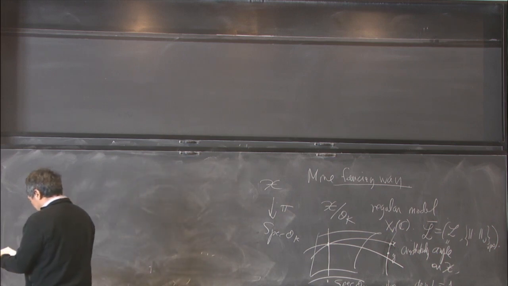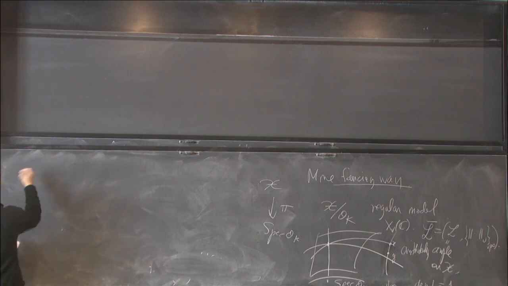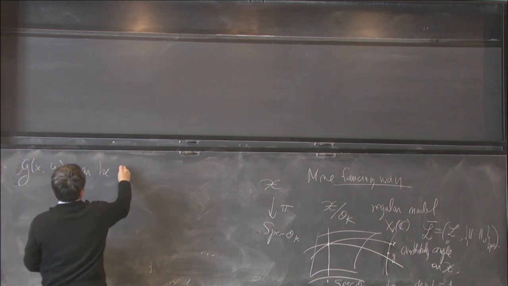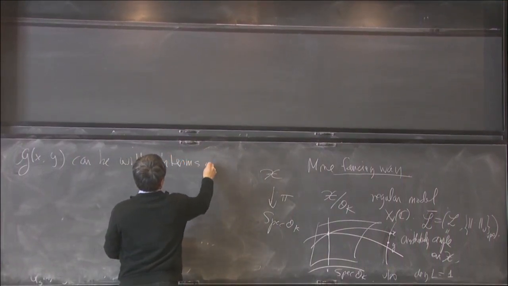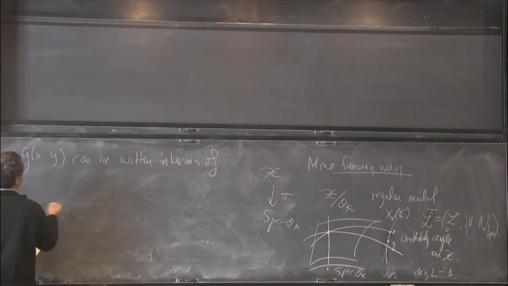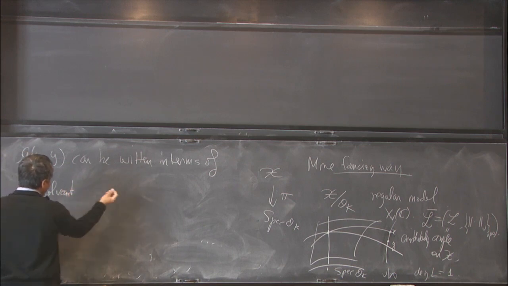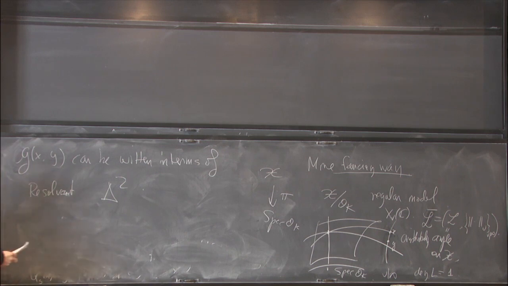So one thing I found out that is very interesting is a proposition: this current can be written in terms of the resolvent kernel for the Laplacian squared. So that's what I'm going to do right now.